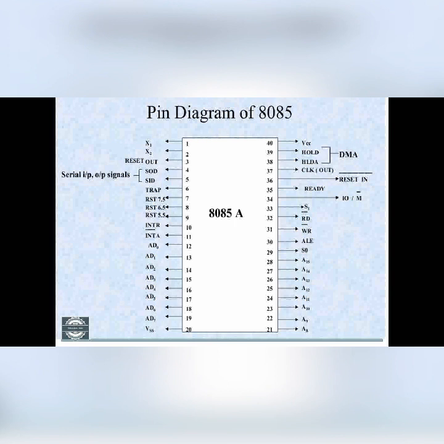Now for the pin diagram of 8085, I'm not telling you all the details because you only have to memorize this. In what way can you memorize? See this X1, X2, these two are inputs, and 3 is output, which we already followed in the linear side, so there you have an idea. Now SOD, SID are pins 4 and 5, that is serial output, serial input. If 4 and 5 are these, then 6 should be TRAP.